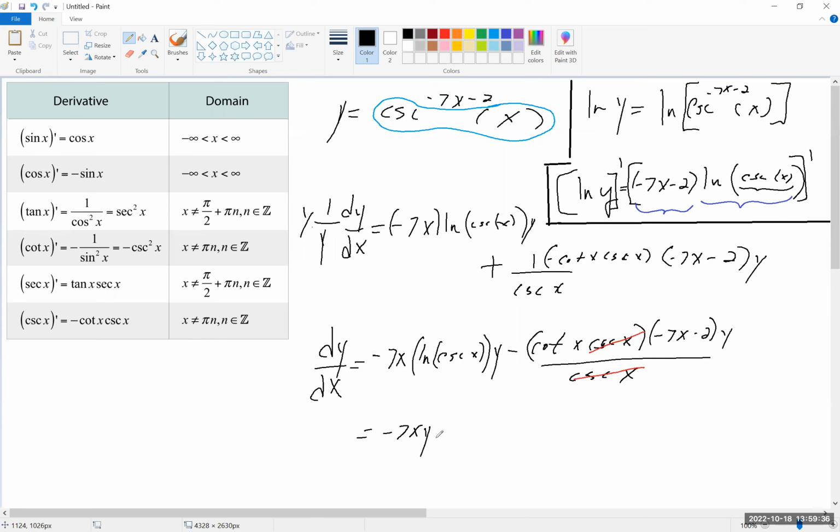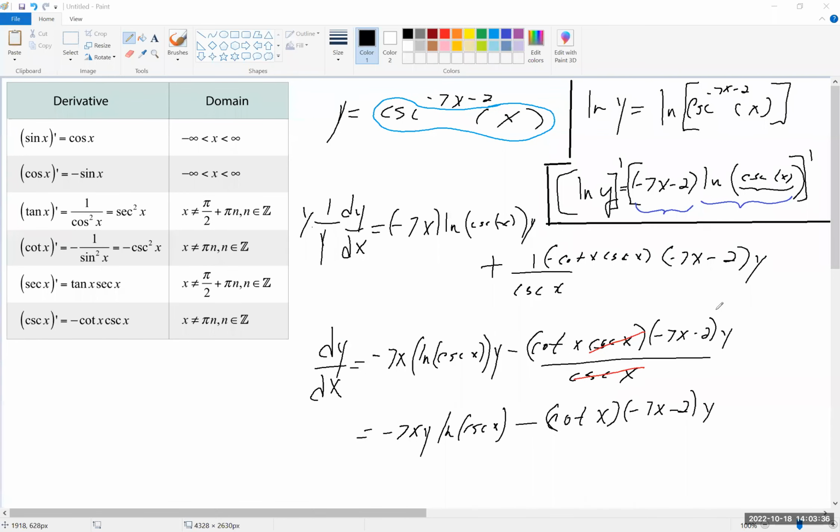The only thing I see, maybe move that y to the front, in terms of natural log of cosecant x minus, those cosecants cancel, so we're left with cotangent x times minus 7x minus 2 times y. Let me just pause to see if that's something the program will accept. Just a sec.